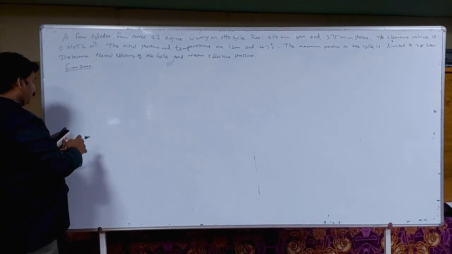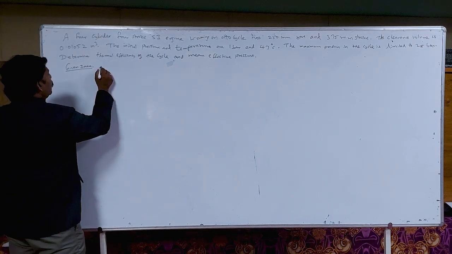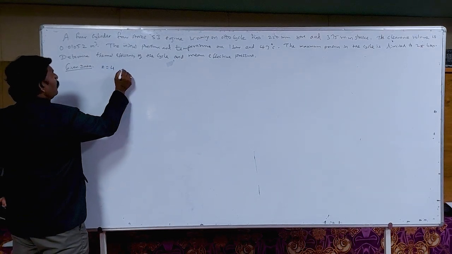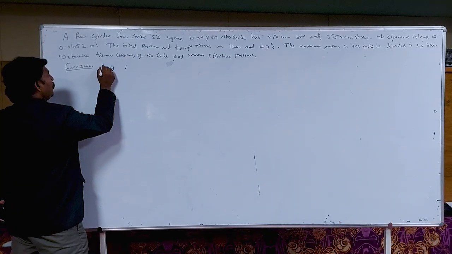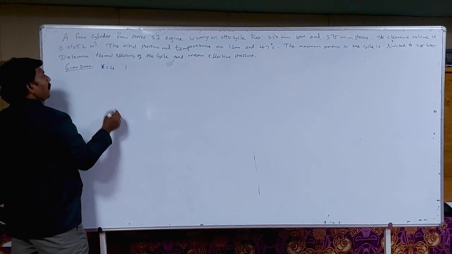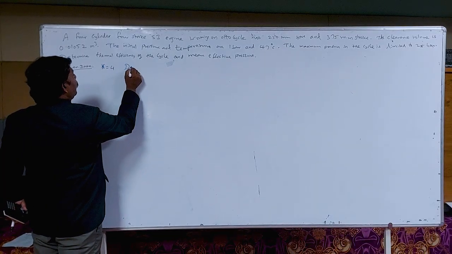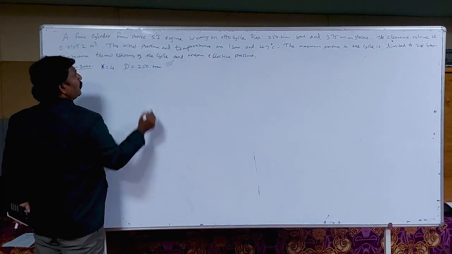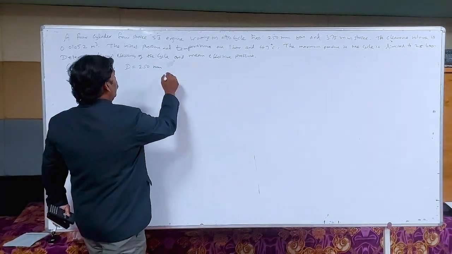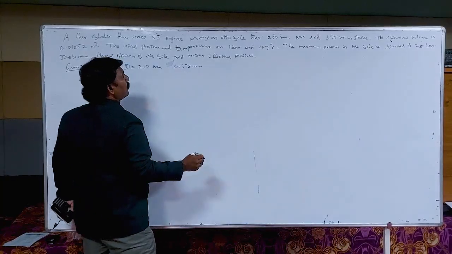Given data: the number of cylinders is 4, and the diameter of the cylinder, that is bore, is 250 mm and stroke is 375 mm.